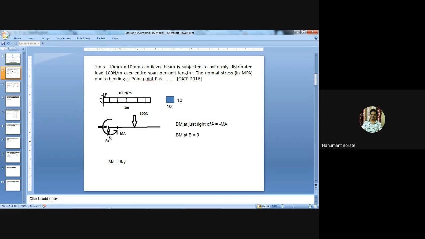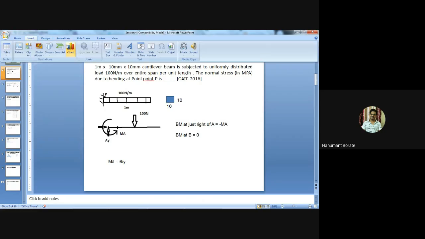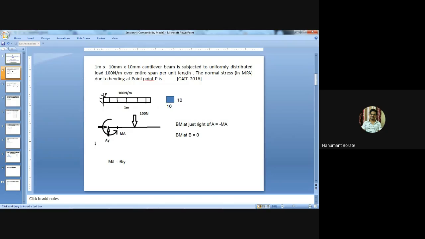Okay. So now we need to calculate this bending moment. We can calculate this moment by taking moment about point A, that is the equilibrium condition.